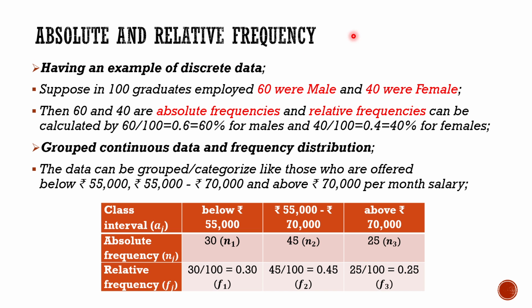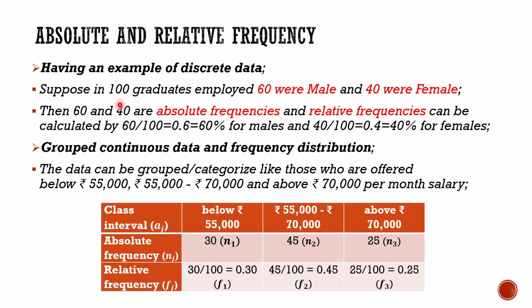Next, what is absolute and relative frequency? Taking an example of discrete data, suppose we have 100 graduates employed, and of those 60 were male and 40 were female, then 60 and 40 are actually the absolute frequencies. And what about the relative frequencies? We can calculate relative frequencies by this formula: the absolute frequency of a particular group divided by the sample size.